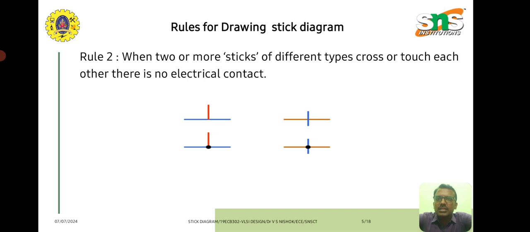Similarly, the brown line touches the blue line, and in the above diagram on the right side there is no electrical contact, no connection between the two layers. If we want a connection, we need to provide the electrical contact as shown in the below diagram. So this is rule number 2.